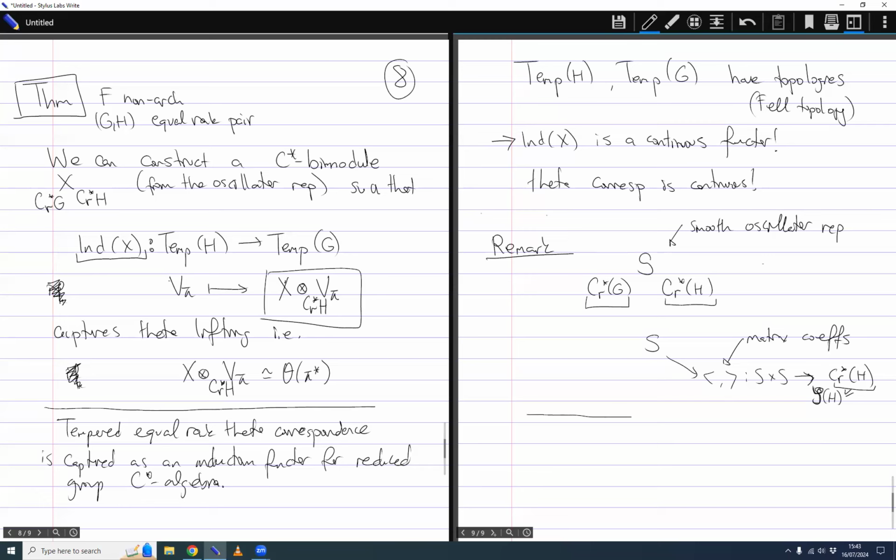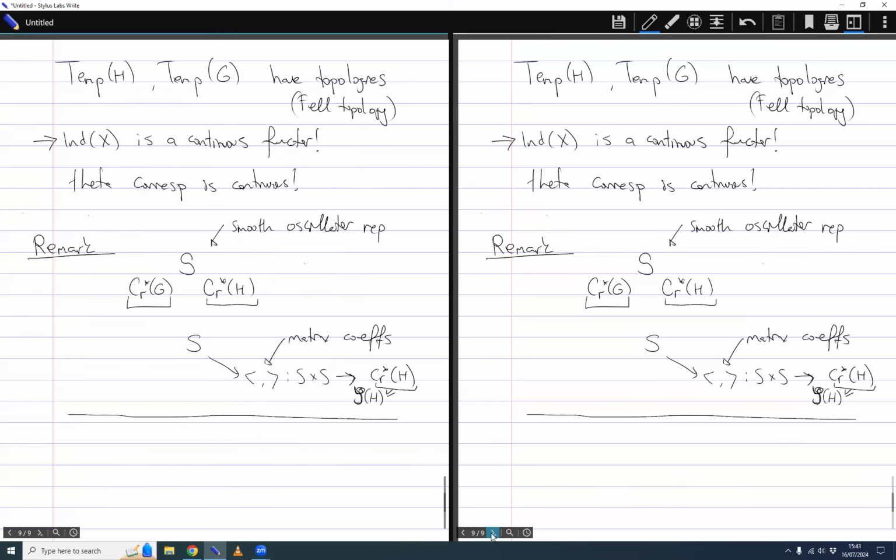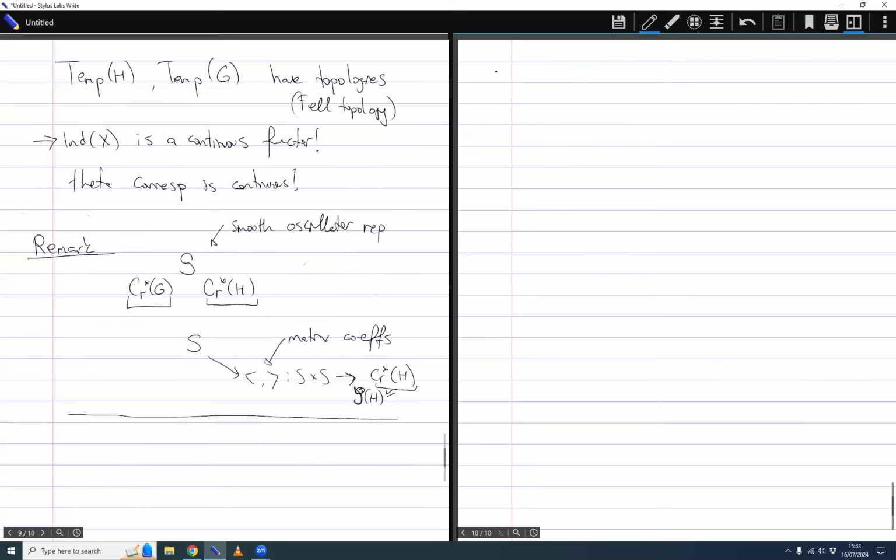But let me move on to the application I mentioned, a more representation theoretic application. For that, we move on to, with more work, you can establish a Morita equivalence.